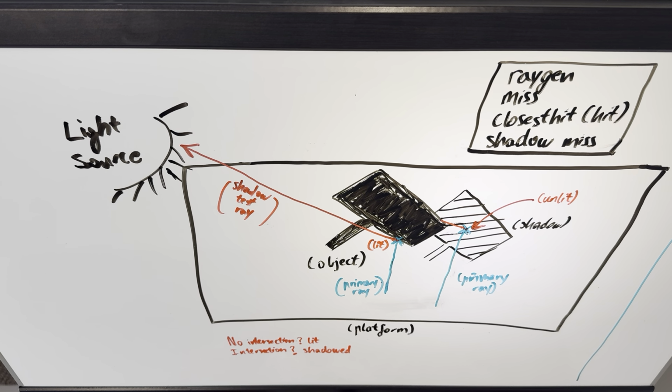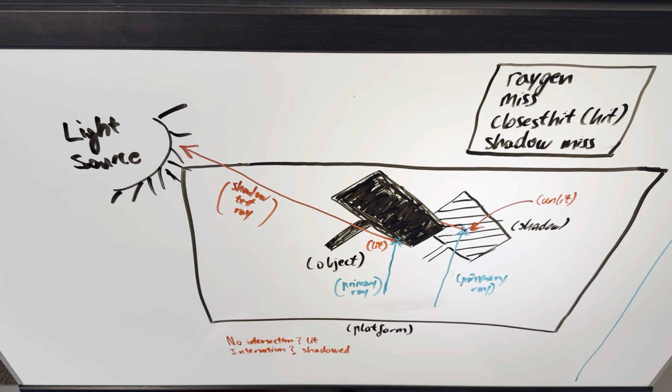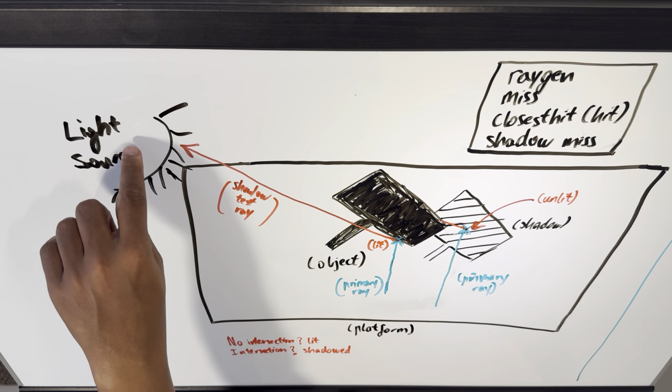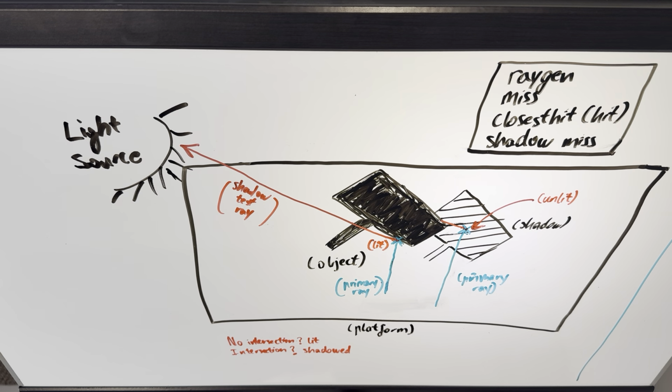All right, so we have our primary rays that come in, generated from the camera, from our eyes, from the monitor. If we hit something, we do a shadow test, right? And if there's no interruption between that point and the light source, then we get a lit area or region or pixel.